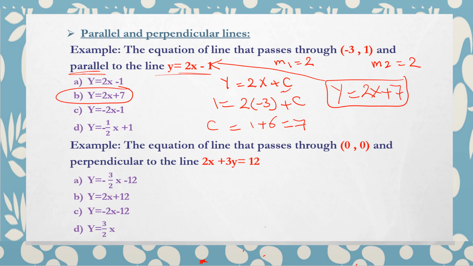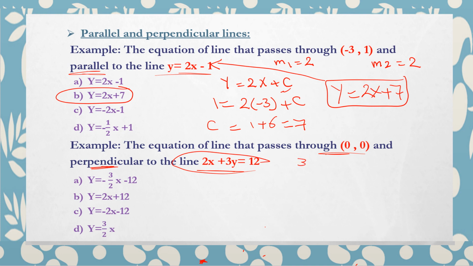Again, find the equation of the line that passes through the point (0, 0) and is perpendicular to the line 2x plus 3y equals 12. First, we have to rearrange the equation of the first line.